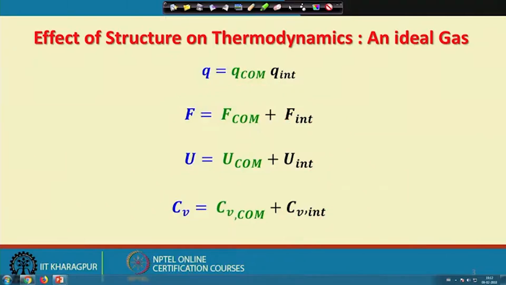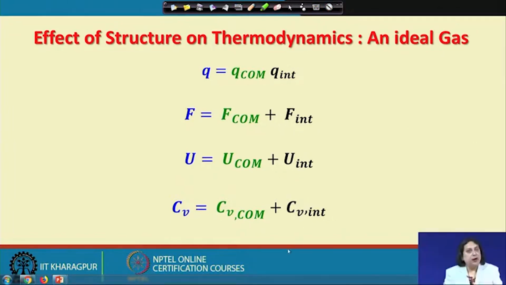So, in classical statistical mechanics, what we are looking at is essentially neglecting this structural part and trying to formulate this single particle partition function entirely in terms of a structureless ball-like particle, and how it can be related to thermodynamic properties like F, U and Cv.